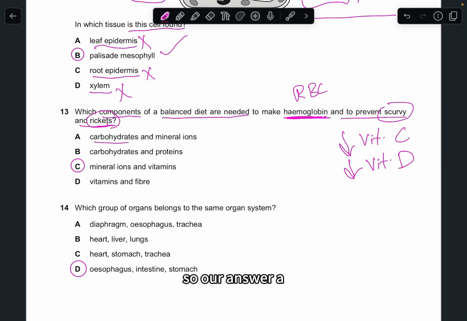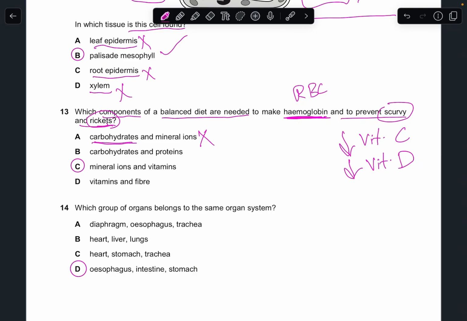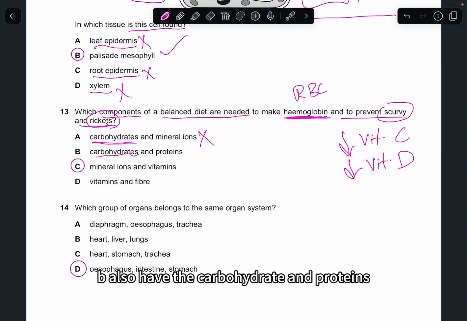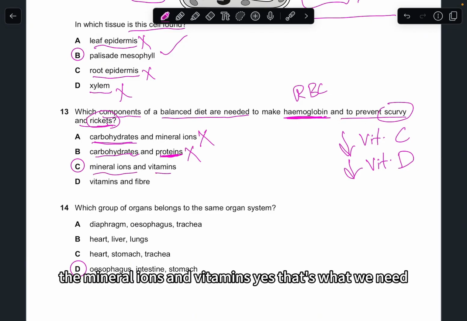So our answer A is wrong, because carbohydrate, the sugar, does not relate to our question. B also has the carbohydrate and proteins, so they give us the energy and make our muscle. That is also the wrong answer. The next one, the mineral ions and vitamins.